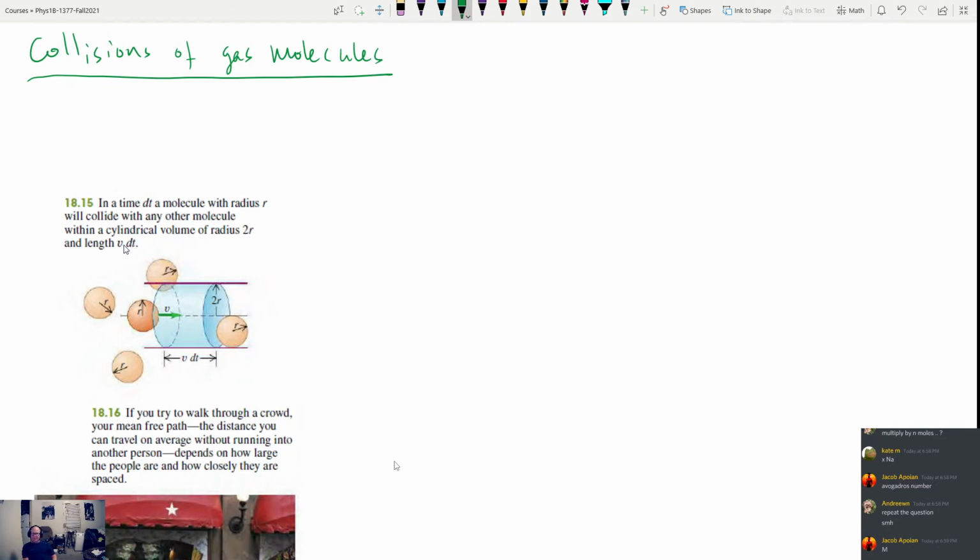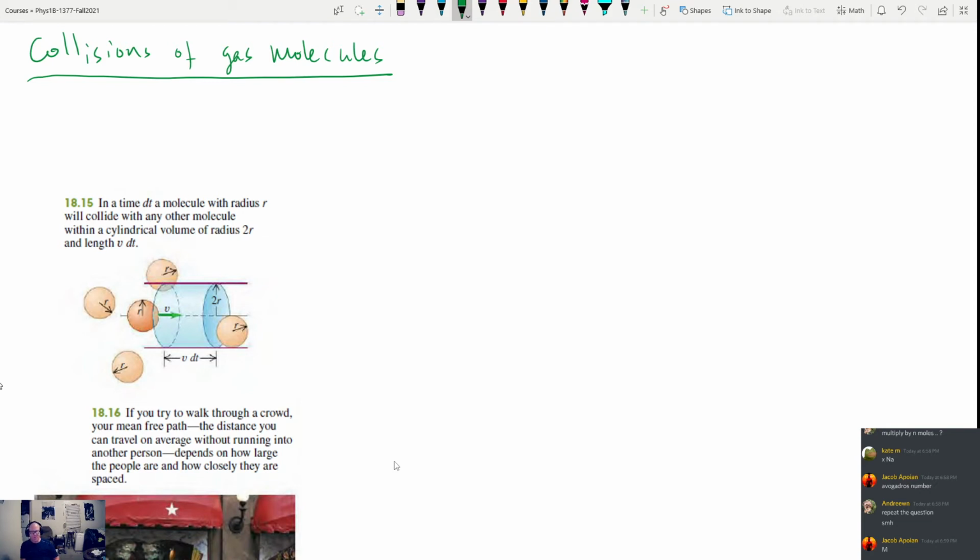They actually do probably collide quite frequently, and one of the things we want to figure out is how frequently do gas molecules collide? How far can they travel before they collide? How long can they travel through the air before they collide with each other on average? And we're going to go through a little derivation here to do that.